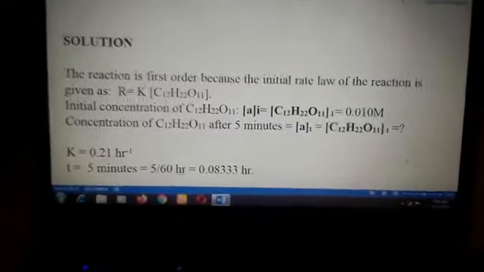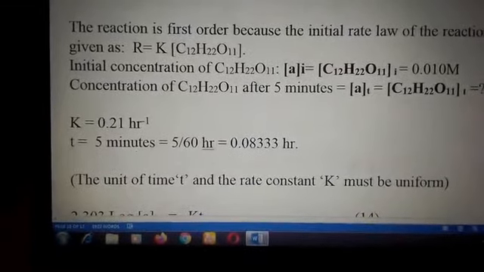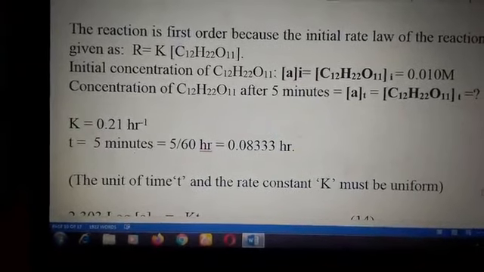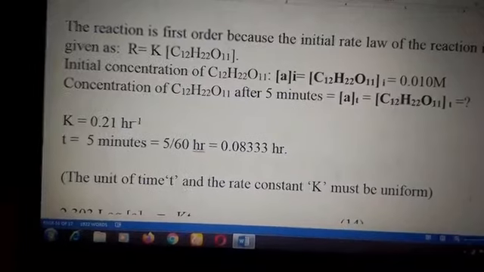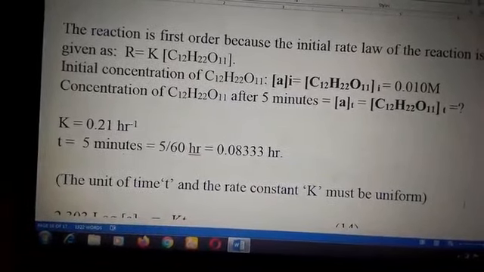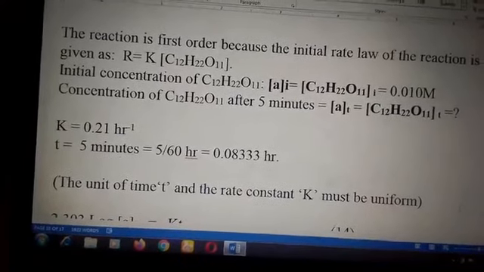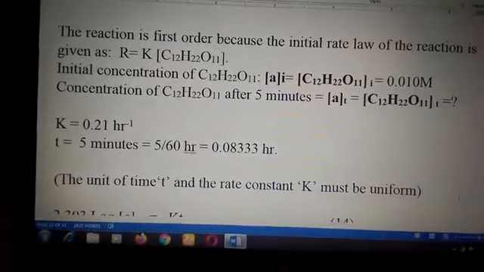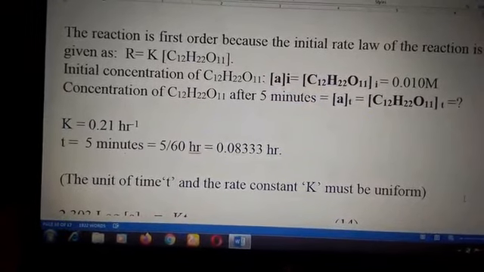Then our K, or rate constant, is given to us as 0.21 per hour. The time for the reaction is 5 minutes. We'll convert that 5 minutes to hours. You know that 60 minutes make an hour. So 5 minutes becomes 5 over 60, giving us 0.08333 hour. So why did we convert the time to hours?